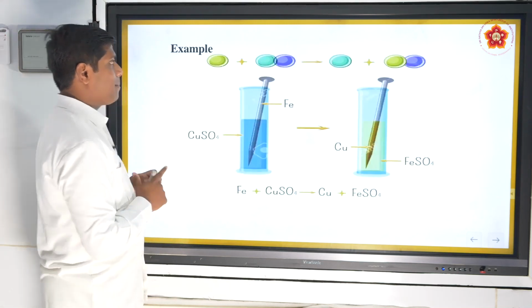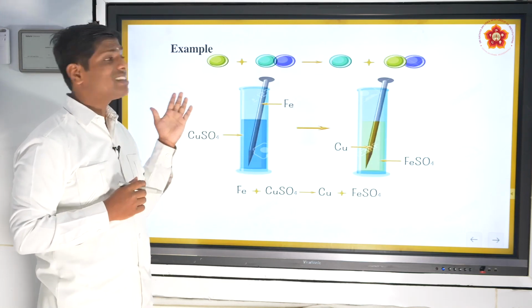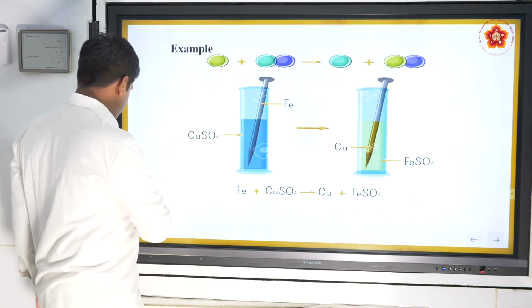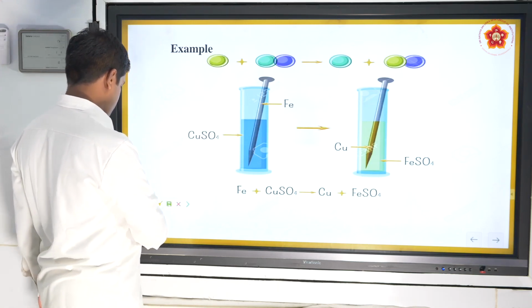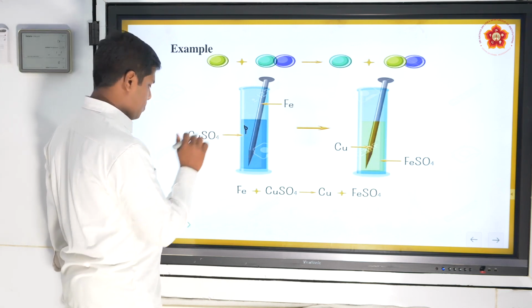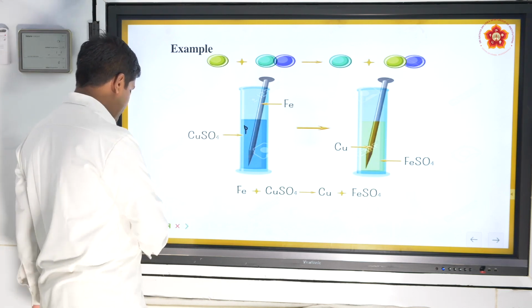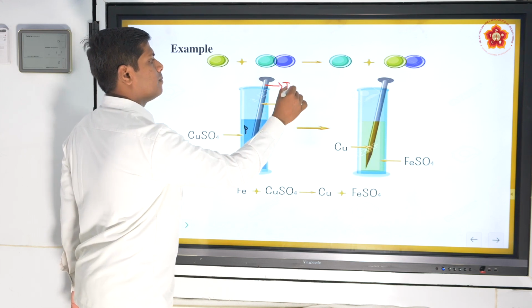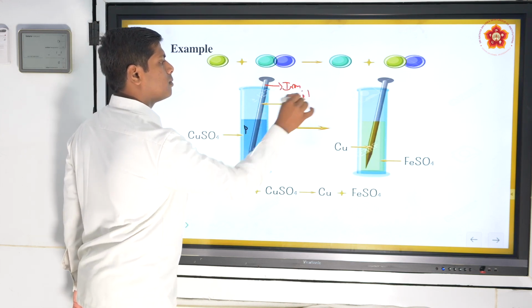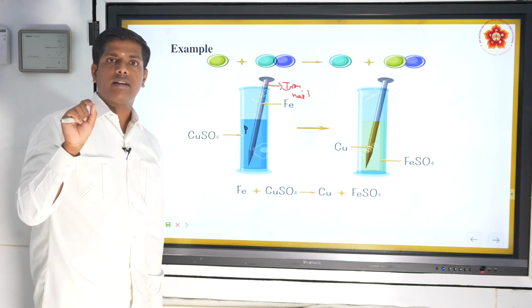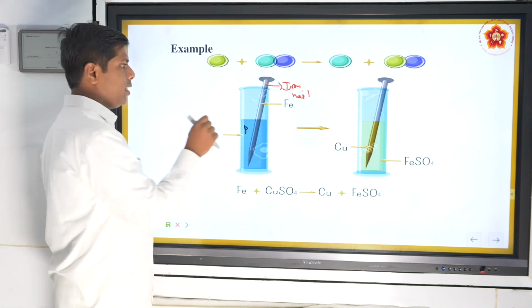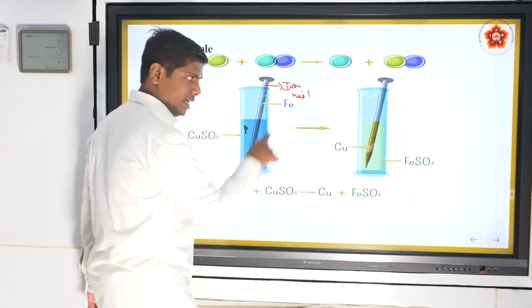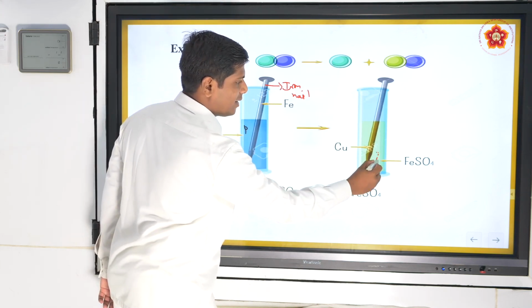Next, examples. The most important example, because this is what we will see in practicals. Take copper sulfate solution. Copper sulfate is a blue colored solution. Then dip an iron nail, a pure iron nail that is not rusted. Then the blue color solution changes to a green color solution.